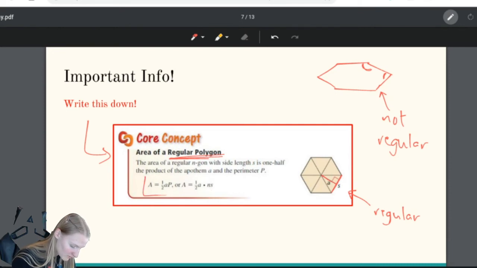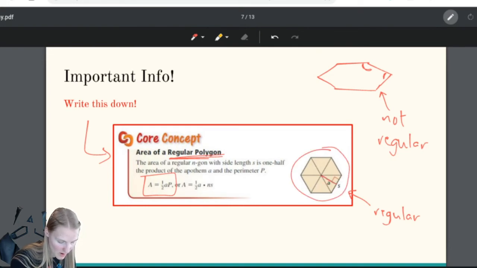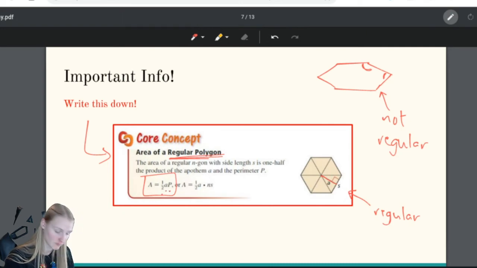All it is saying is that if you take the apothem, this guy right here, and then you find the perimeter all the way around this guy, multiply the perimeter by the apothem, 1/2, done. 1/2 apothem perimeter, done. You can also use 1/2 of apothem times the number of sides times the side length. This is just the perimeter in disguise.